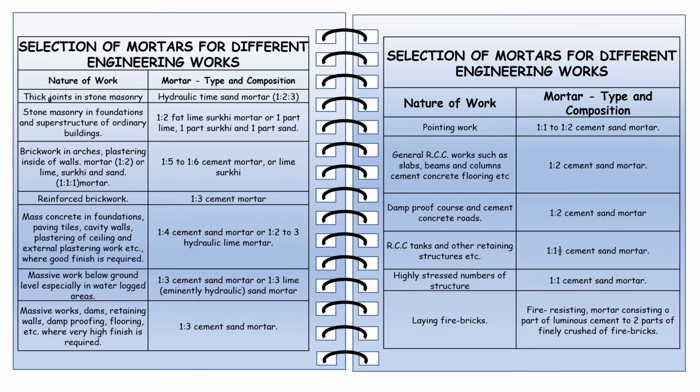Selection of mortars for different engineering works, nature of work and mortar type and composition. Thick joints in stone masonry: hydraulic lime and sand mortar. Stone masonry in foundation and superstructure of ordinary buildings: 1:2 fat lime surki mortar, or 1 part lime, 1 part surki and 1 part sand. Brickwork in arches, plastering inside of wall: mortar 1:2, or lime, surki and sand 1:1:1.